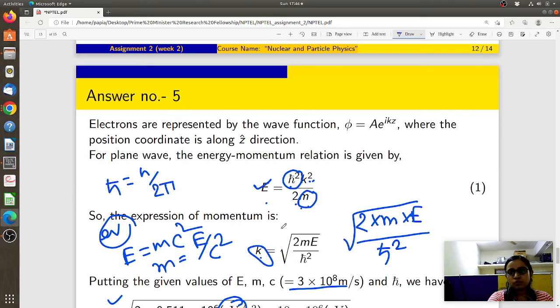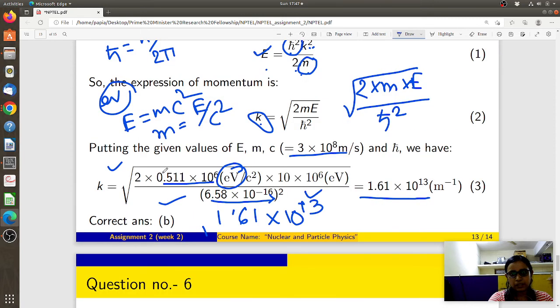By calculating these things, as I have mentioned here, 2 into 0.511, the mass of the electron is 0.511 MeV by c square. So that means 2 into 0.511 into 10 to the 6 eV by c square, into E, which means 10 into 10 to the 6 in eV, because 10 MeV was there. And in the denominator h bar square is there.